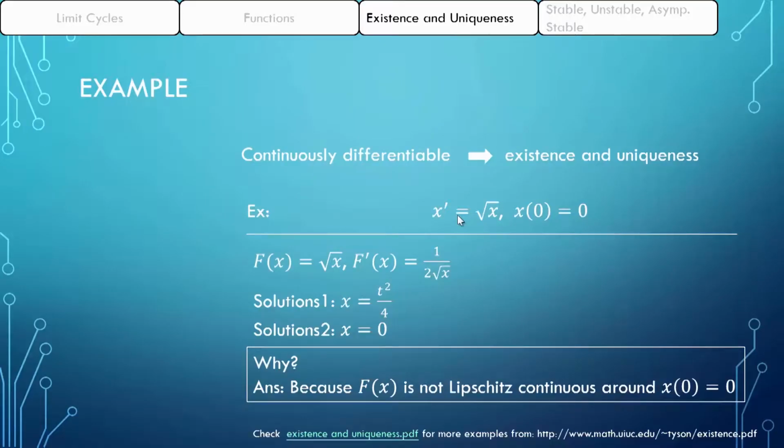According to the dynamics, x prime is equal to square root of x, and if x is always 0, the dynamics will also be 0. So solution 2 is also a potential solution. So these dynamics have multiple solutions. The solution exists, but it's not unique.